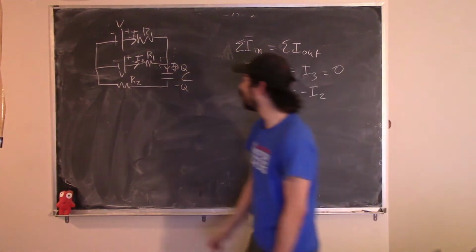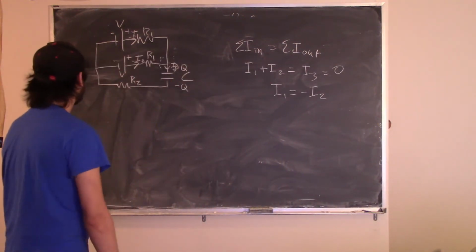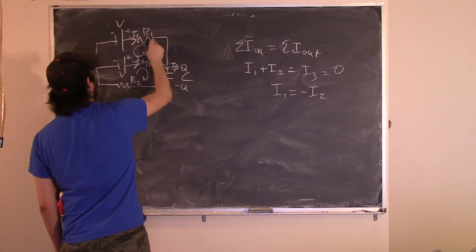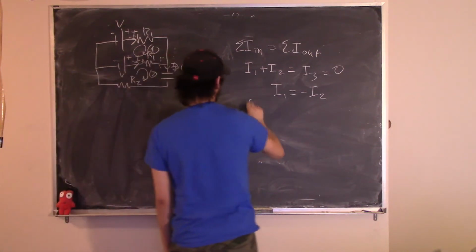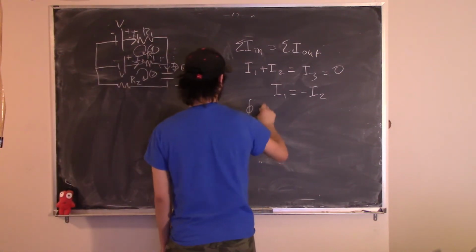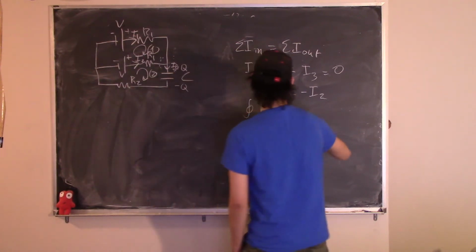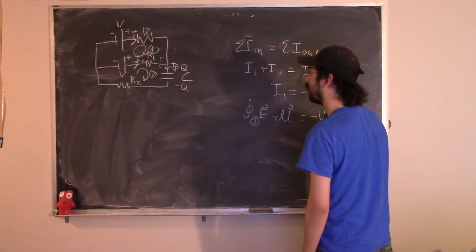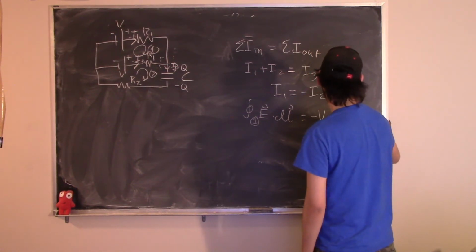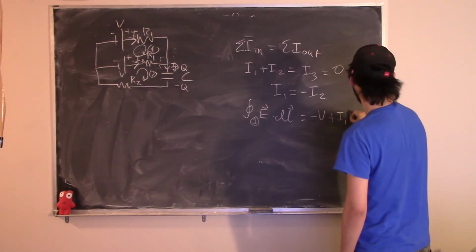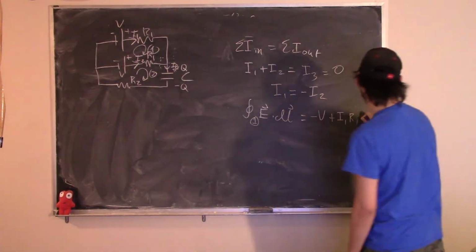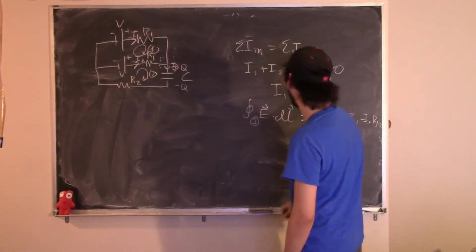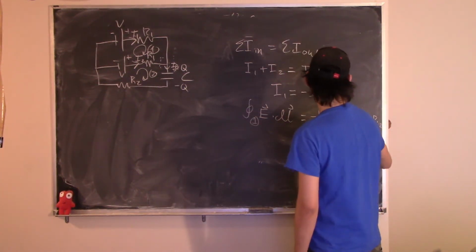Now, let's do some loops here. Again, I'm going to pick the inside loops. Call this loop 1 and loop 2. The integral around loop 1 of E dot dl is going to be equal to minus V plus I1 R1 minus I2 R1 plus V equal to 0.